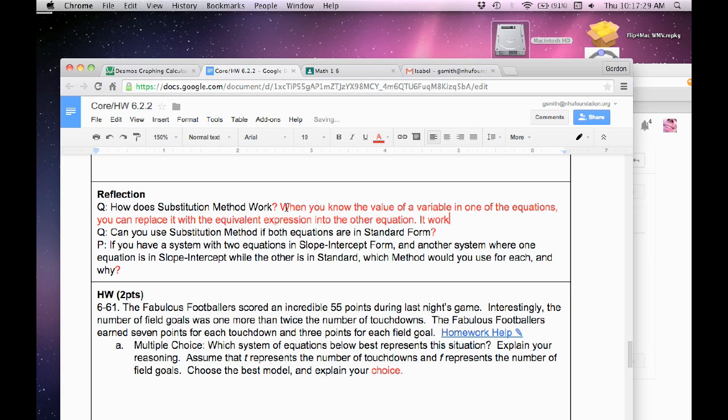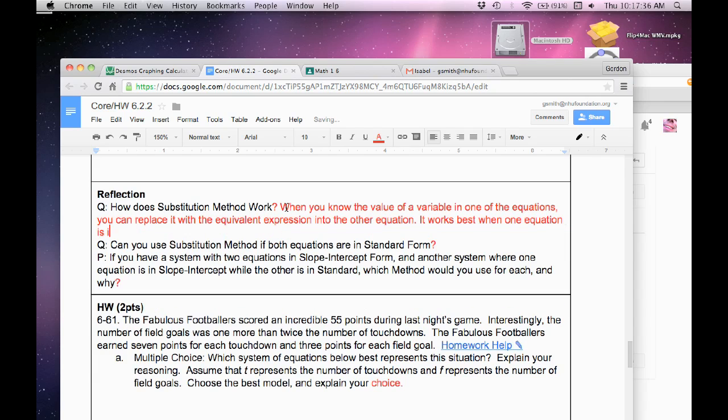It works best when one equation is in slope-intercept, meaning that the variable is alone, while the other equation is in standard.